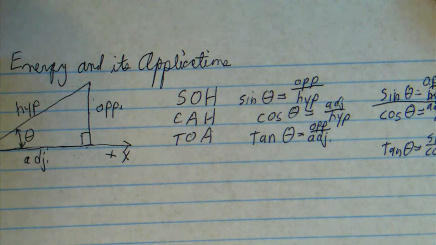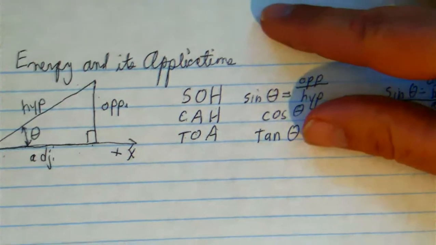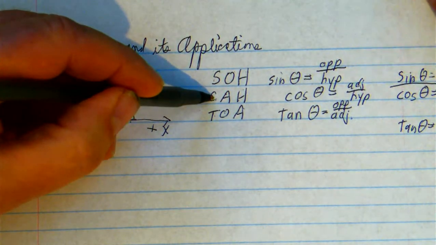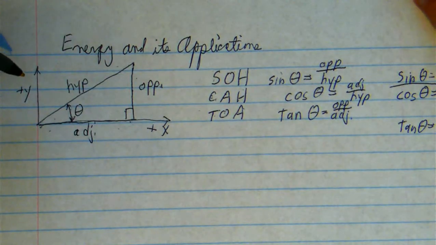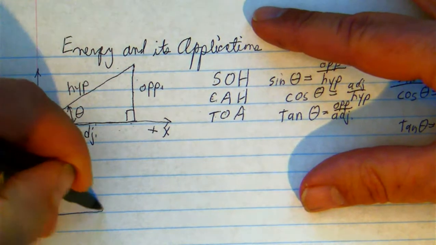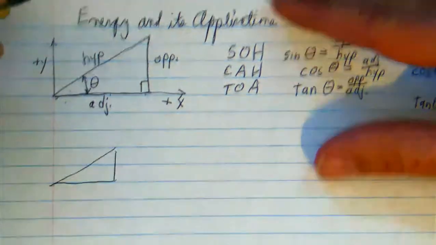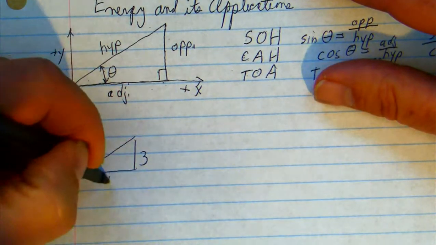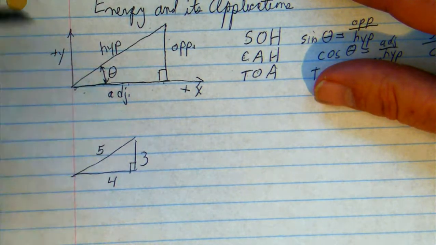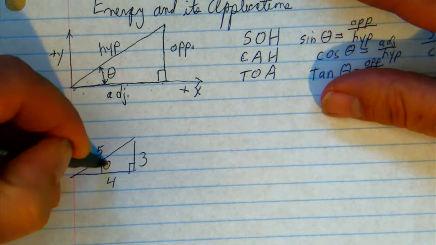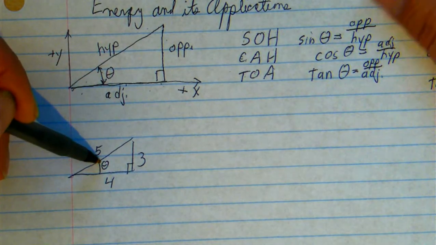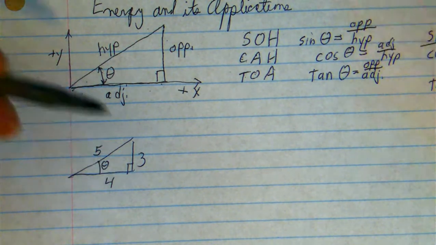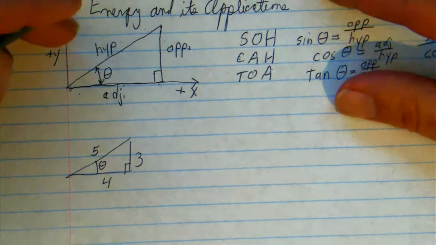Okay, so among other things, to do this sort of work, I want you to be competent in using the cosine function in particular. So if I have a right triangle, and it's a 3, 4, 5 right triangle, and I want you to tell me the value of the angle, that's where you have to start using the inverse trigonometric functions.